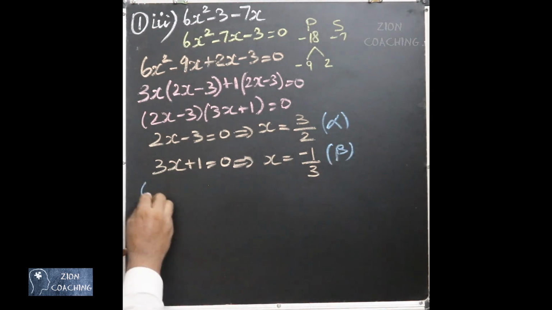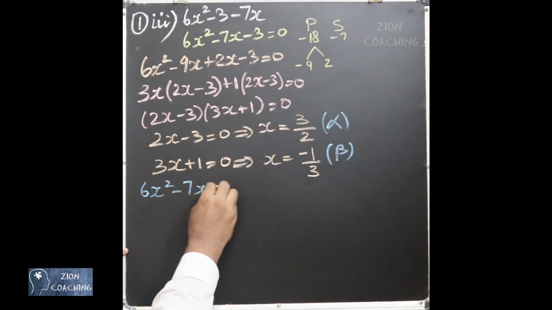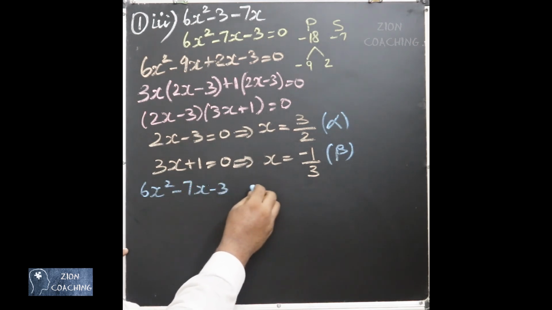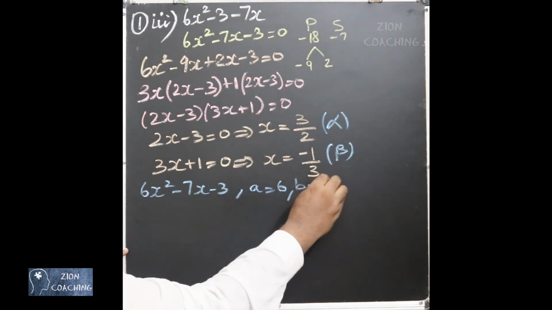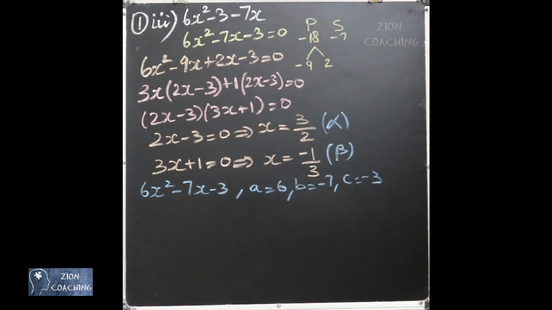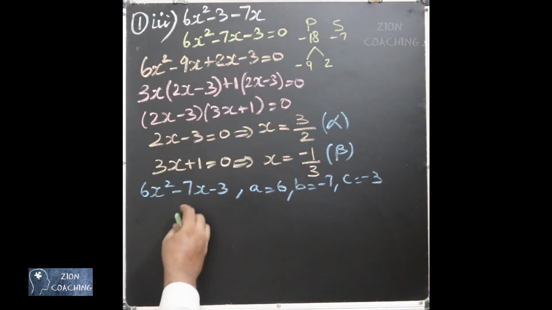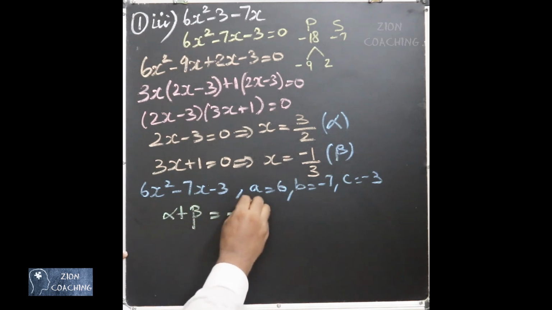Comparing this equation 6x squared minus 7x minus 3 with the general form, we know that the a value is 6, b value is minus 7 and c value is minus 3. Now we are going to verify the relationships. The first relationship is alpha plus beta equal to minus b by a.